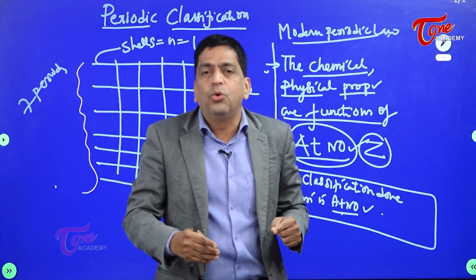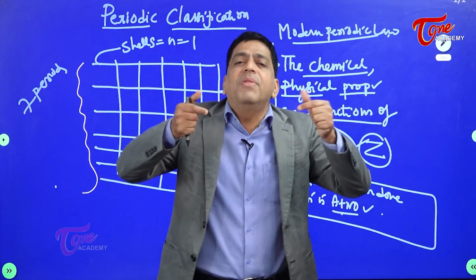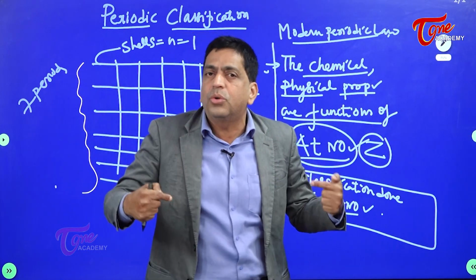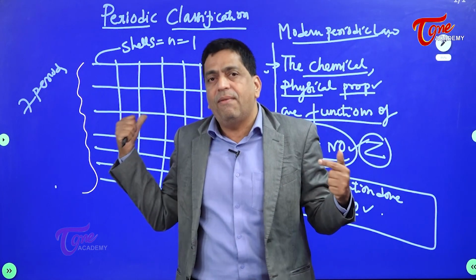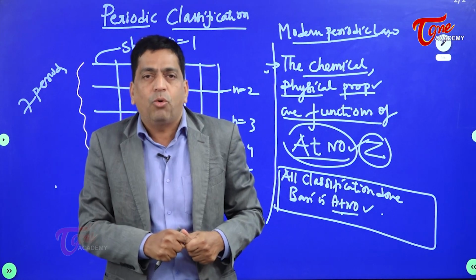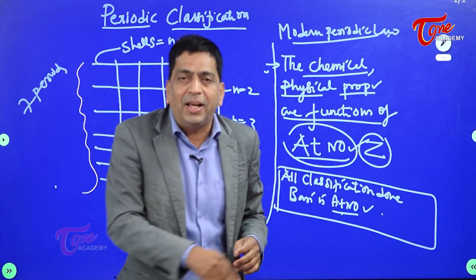And there are 2 series which are picked up from the main frame, that is the lanthanide and actinide series. They also belong to the shells itself. But for maintaining decorum, which I will tell you, they are placed out from the main frame of the periodic table and placed at the bottom.